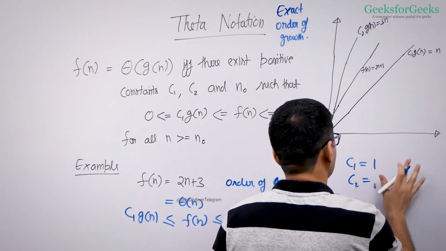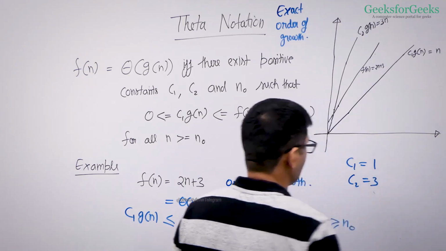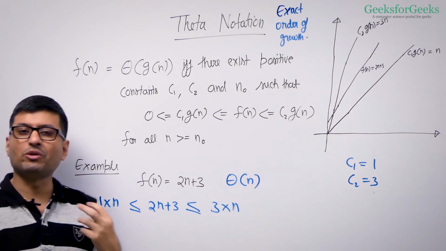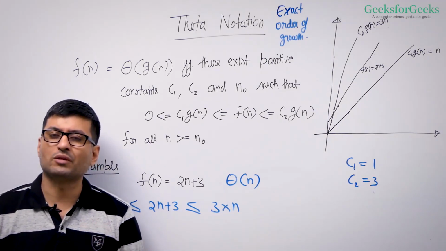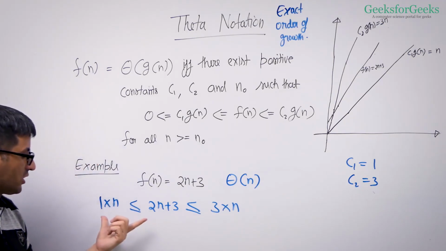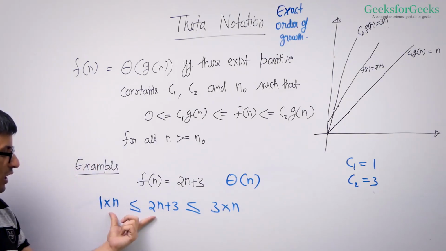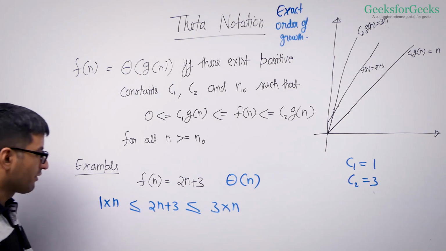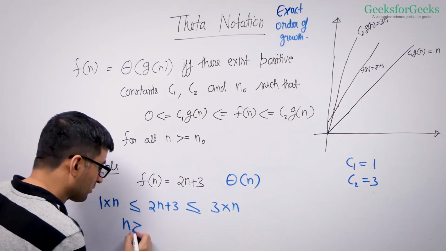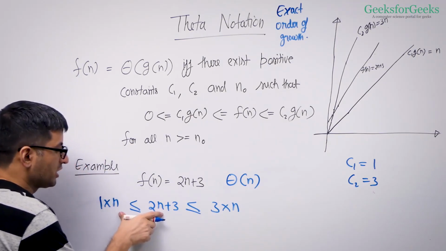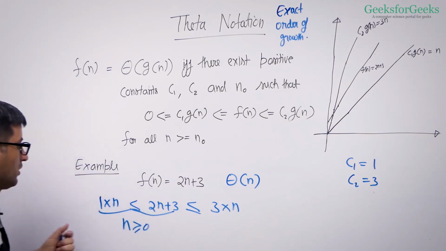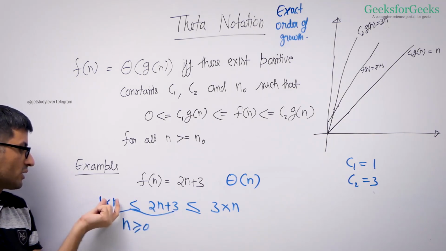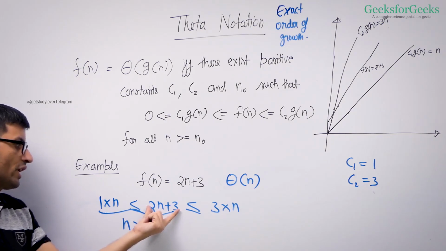The only thing left to figure out now is N0. We want to show this expression as true, and we need to find a value of N0 after which this expression is true. Let's solve it one by one. For what value of N0 is this expression true? We can say for all n greater than or equal to 0, this part is true, right? For n equal to 0 it's 0 and 3, for n equal to 1 it's 1 and 5.